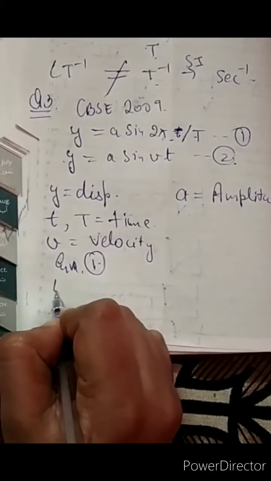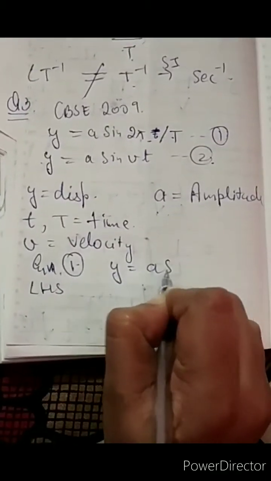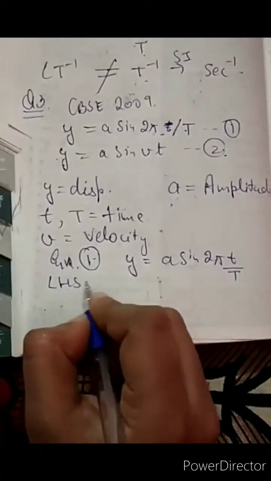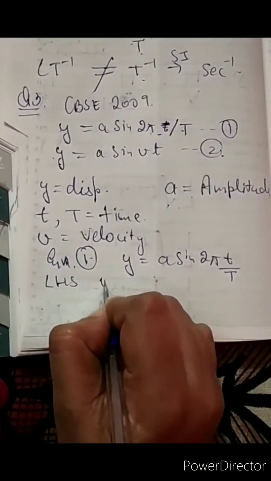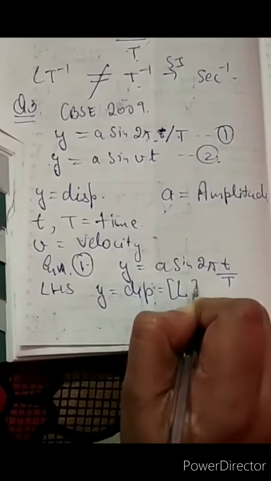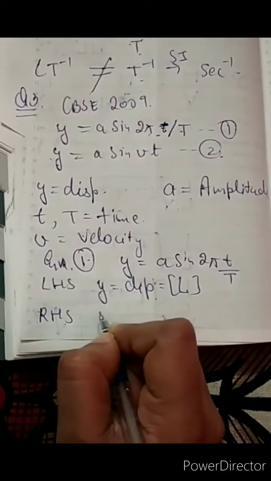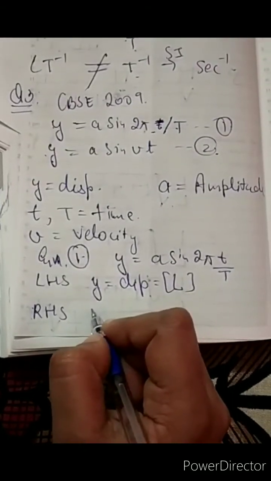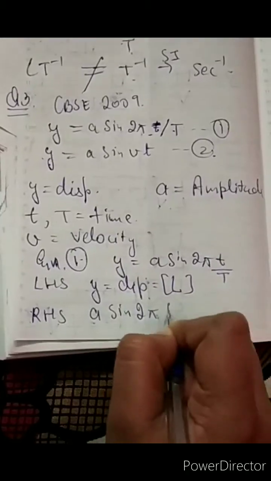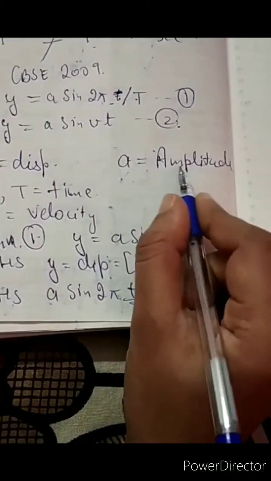Equation 1 is y is equals to A sine 2 pi t upon T. So y is LHS, which is equals to displacement. Displacement can be in terms of length. What about RHS? In RHS we have A sine 2 pi t upon T. What is A? A is amplitude.